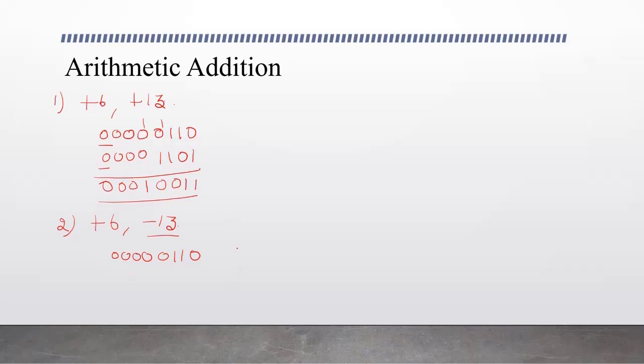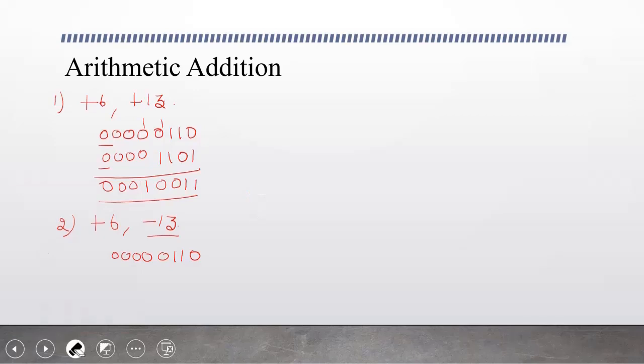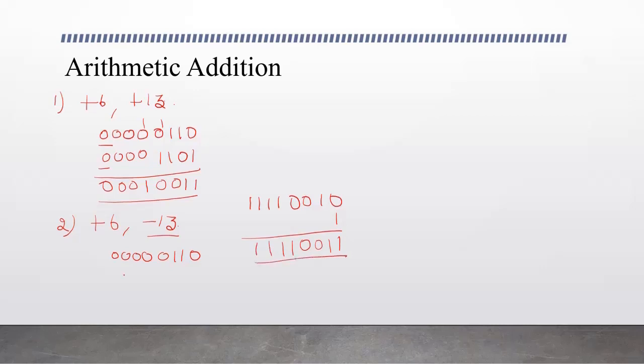And how do we find the 2's complement of 13? First we write the 1's complement. It is just inverting the bits. 1 1 1 1 0 0 1 0, and adding 1 to this gives the 2's complement. So 1 1 1 1 0 0 1 1. This is the 2's complement of 13.